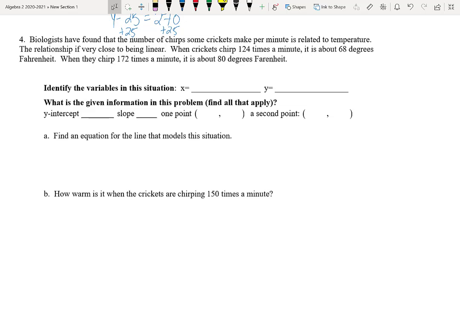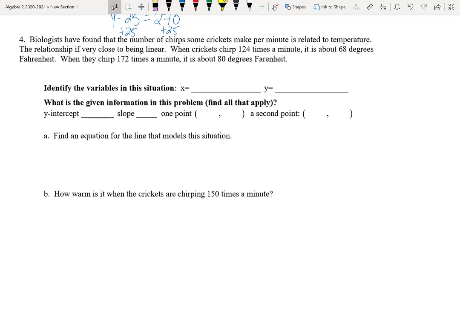So anyway, in this case, when the crickets chirp 124 times a minute, it is about 68 degrees Fahrenheit. And when they chirp 172 times per minute, it's about 80 degrees Fahrenheit. Now, this one is, again, a little bit confusing because the way it's phrased, it seems like the number of chirps determines the temperature.